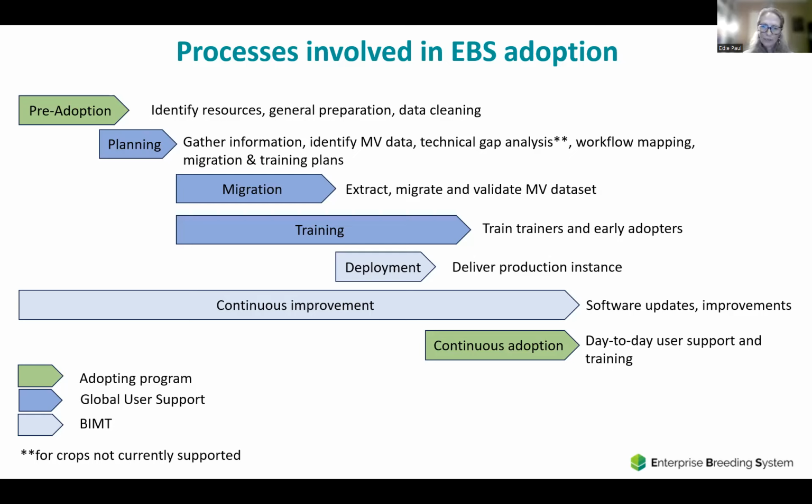And during this process and beyond this process, training of your key users, so your early adopters, data managers, support people can be happening. Once the data is migrated and validated by your subject matter experts, a production instance, production database can be deployed. And again, as Marko was talking about, throughout all of this, the process of continuous improvement of the software is occurring.